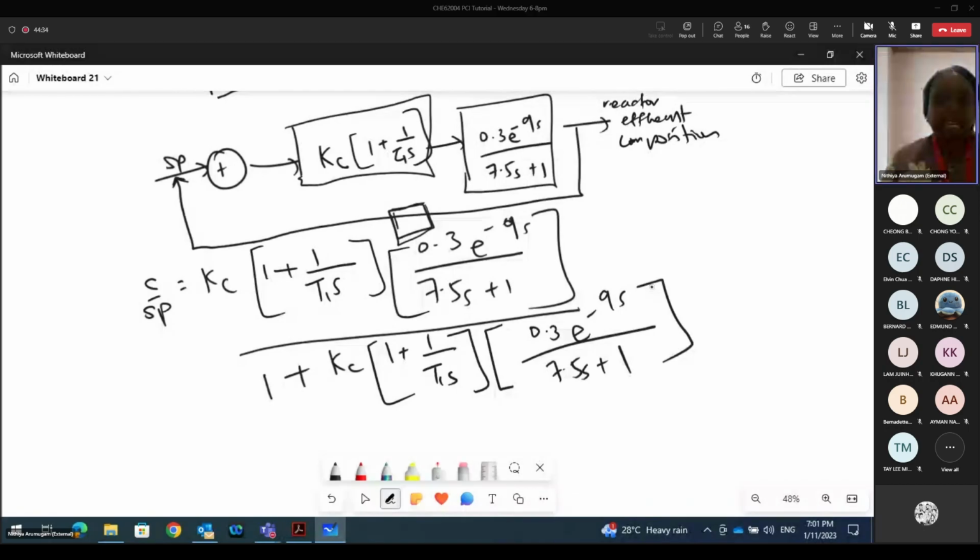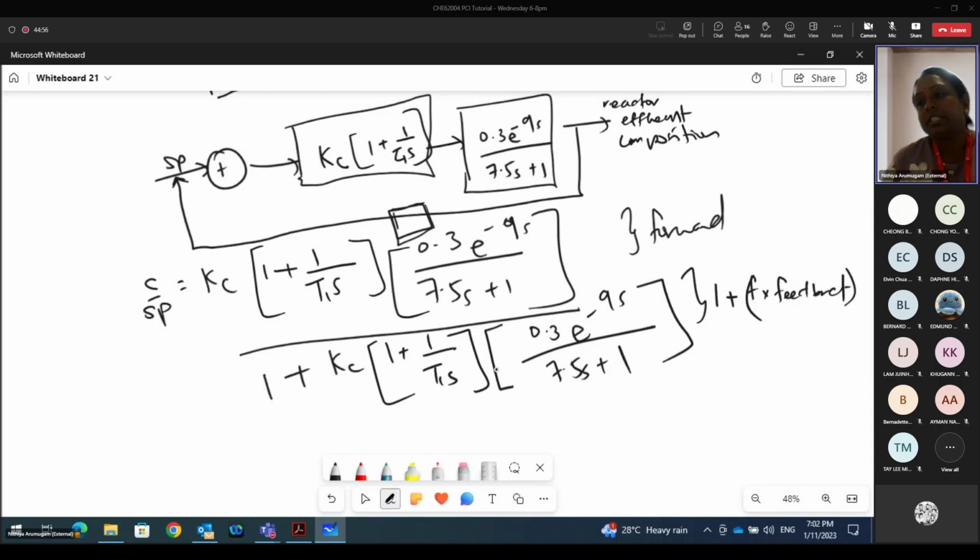Okay, if you notice, this portion is for the forward section, and this will be the 1 plus forward times the feedback. So this is the expression of the transfer function for closed loop.